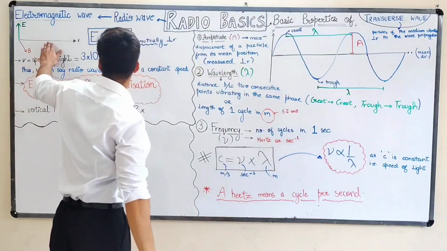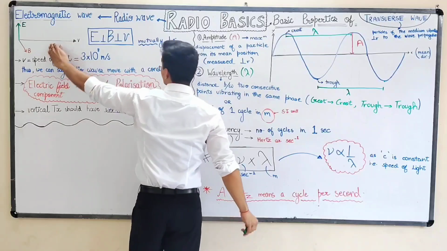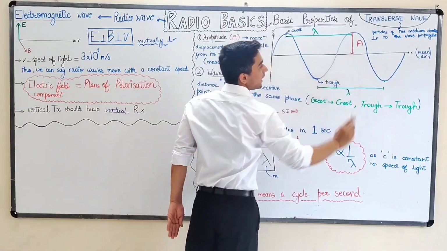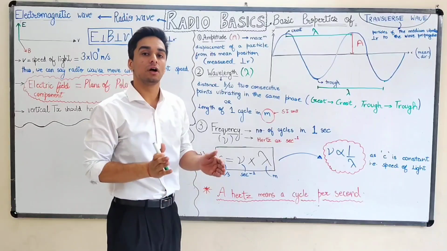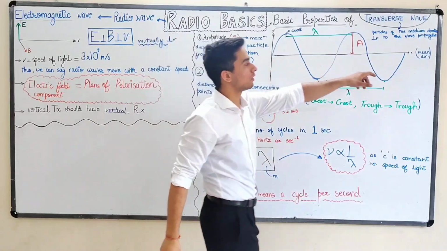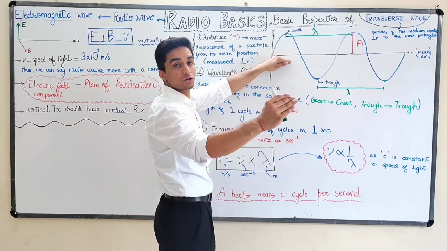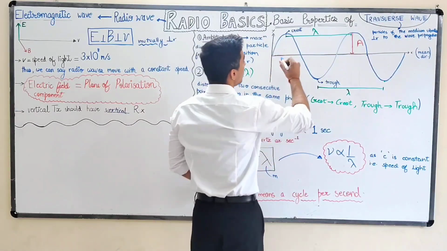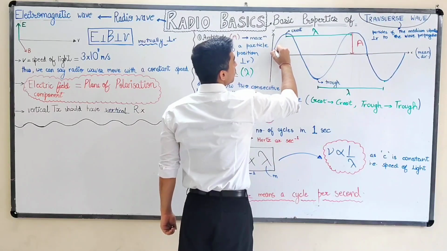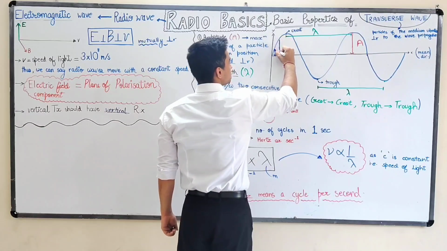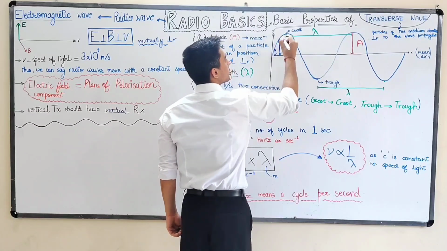Like in this, we were drawing a wave going in the plane of the board, that is represented by an x-axis. But let me tell you, this is the main direction of our wave. If we see the particles of the medium it is going through, it will oscillate or move perpendicular to the direction of wave propagation.